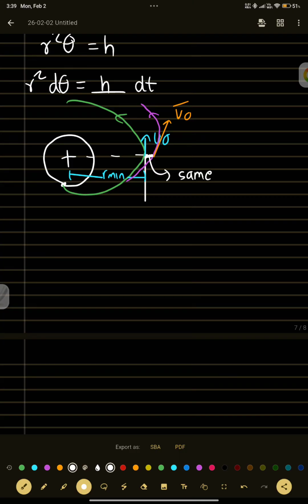So can I write that 1 by r minimum equals, theta is 0, h is r minimum. Let me say I know this angle, क्या कहते हैं इसको, phi मान. So we can write V naught. What will you write? Fine. लिख सकते हैं?